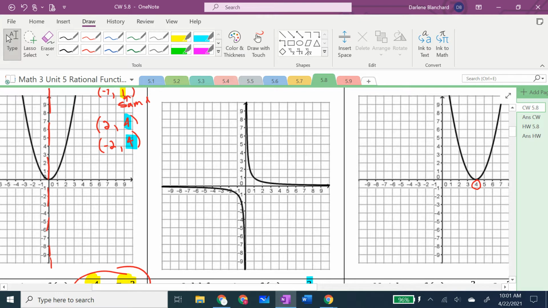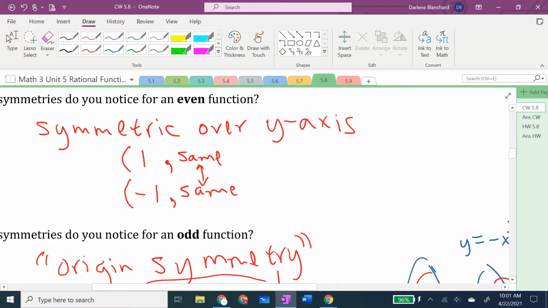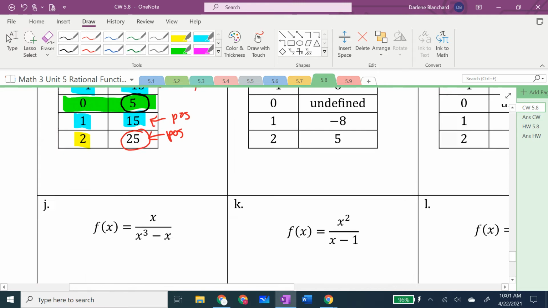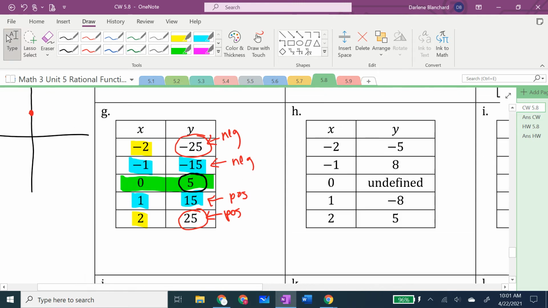So odd functions either have a y-intercept of 0 or they have no y-intercept at all. So that one is a tricky issue of neither. It's not obvious that it's neither. You have to look at the odd tables very carefully.